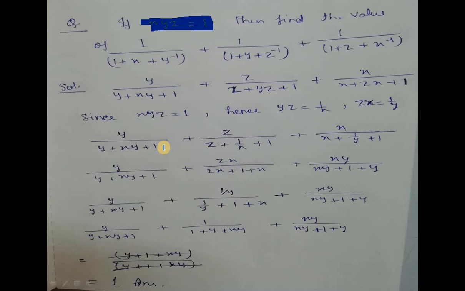This value I want in all the expressions. Now when I replace yz as 1 upon x and solve it again, I'll get this value, and zx will be replaced as 1 upon y. I'll again simplify this and I'll get this value, 1 plus y plus xy. And when you simplify this way, you will find the numerator and denominator are both the same, so the value would be 1.